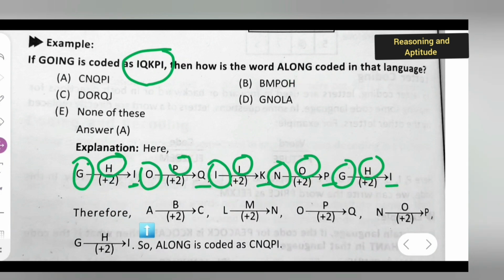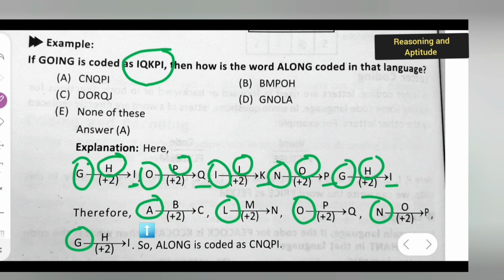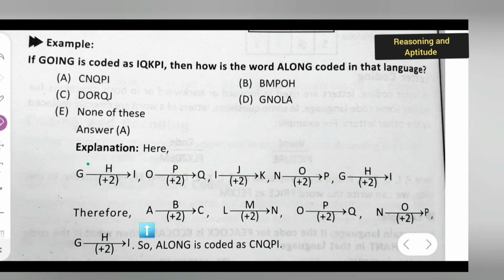Now write down ALONG. I hope you can all see this part clearly.